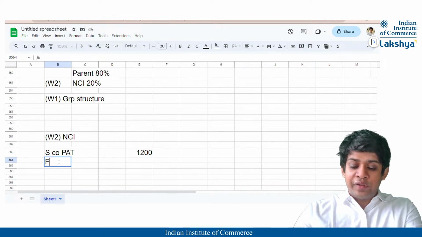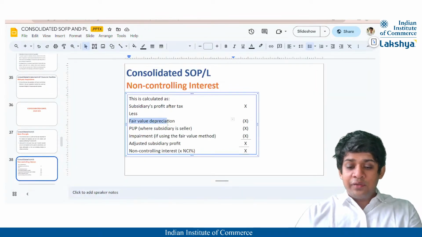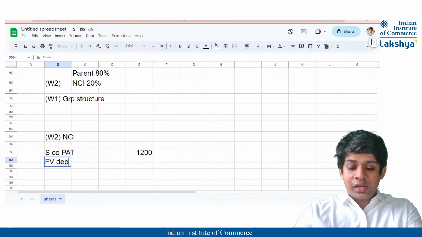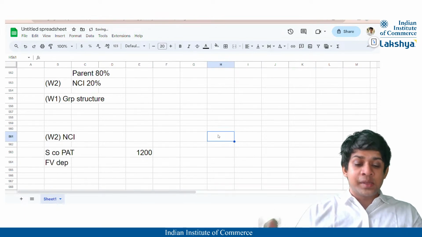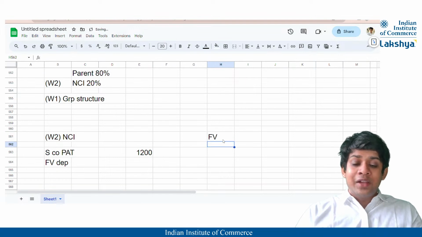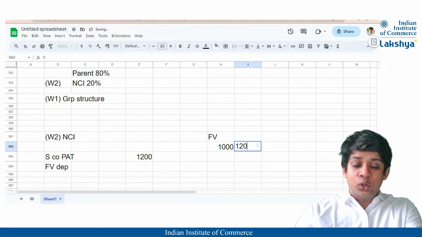Now, if there is any fair value adjustment, like they've mentioned here, fair value depreciation, you can see. When we acquire a subsidiary company, its assets are fair valued at the date of acquisition. Say its book value was 1000, but it got fair valued to 1200.